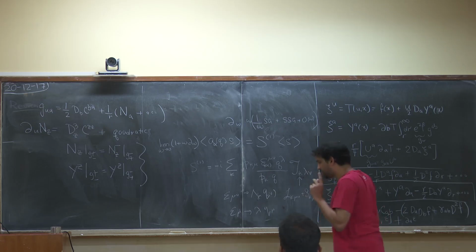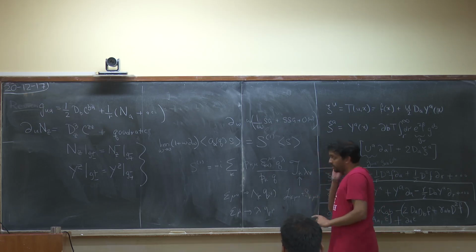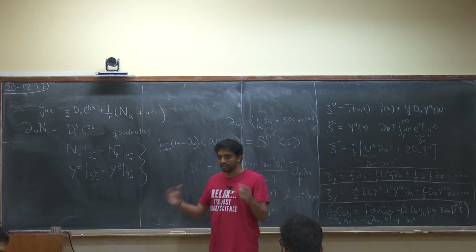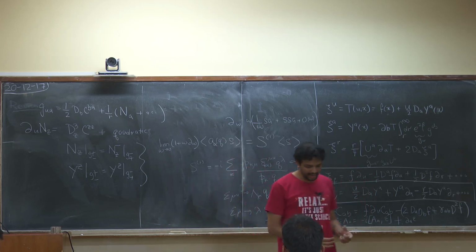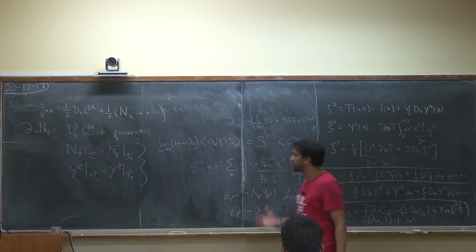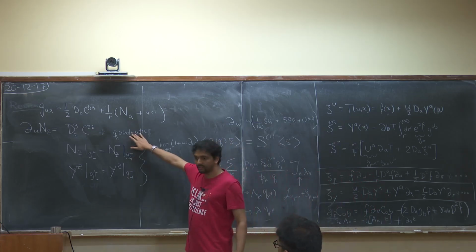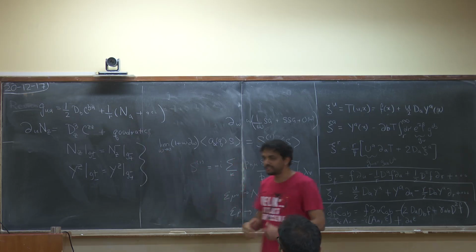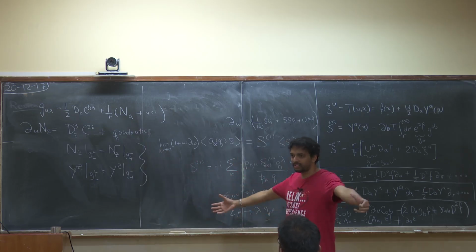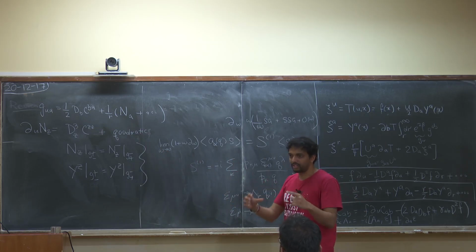Yes. Here's why. What would change if I added some other higher derivative term? You might guess that some terms will change here. But what will also change is the canonical structure, when you canonically quantize, and therefore that will also change the commutators.